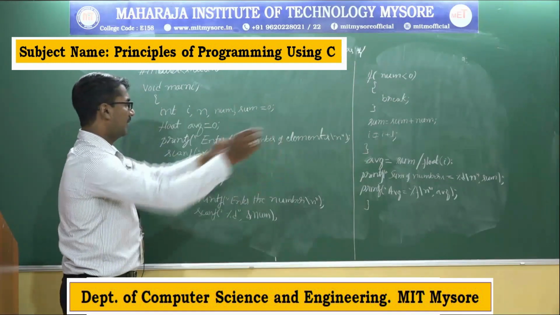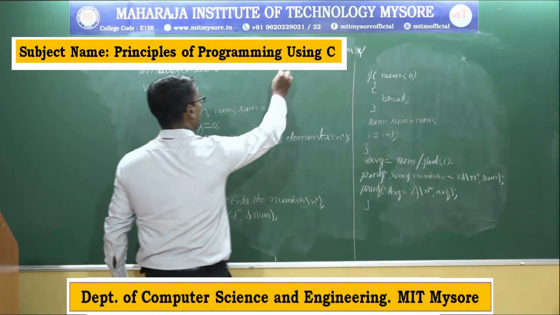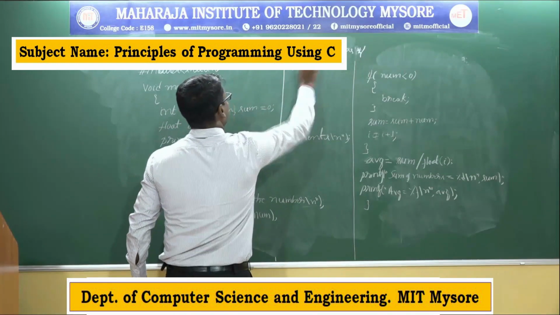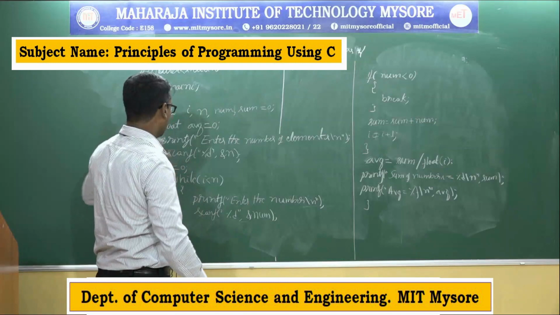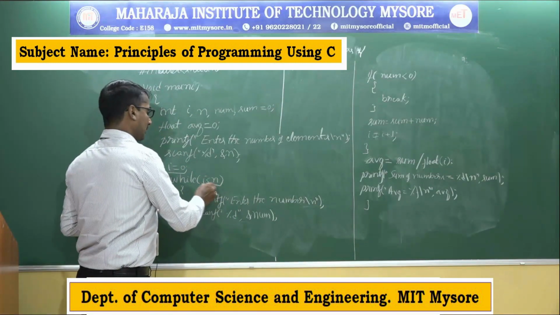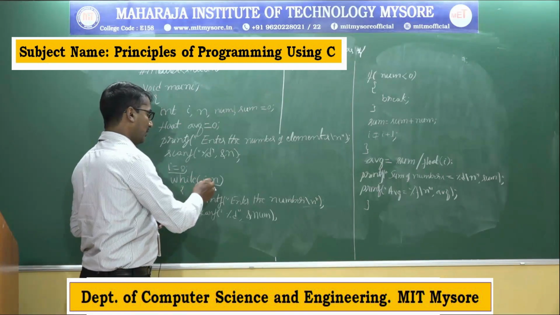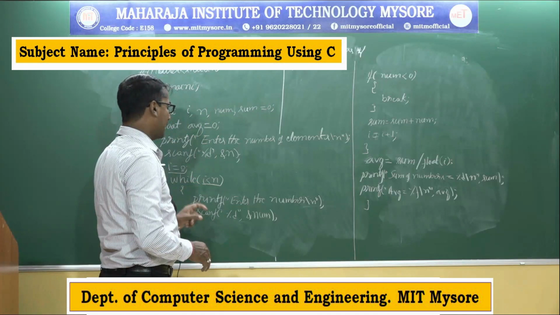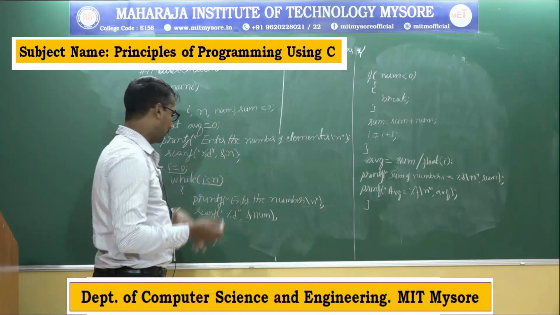Now consider example values. My n value is 5. So here it will verify the condition. First, the initial value is i = 0, i < n means 0 < 5. Condition is true.